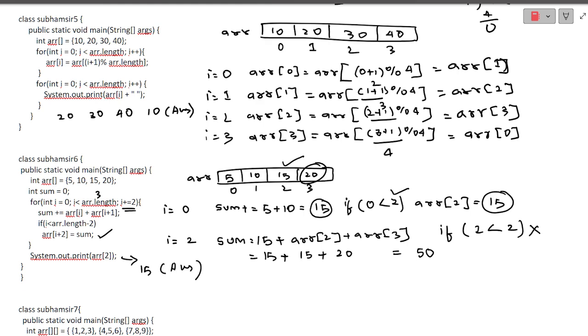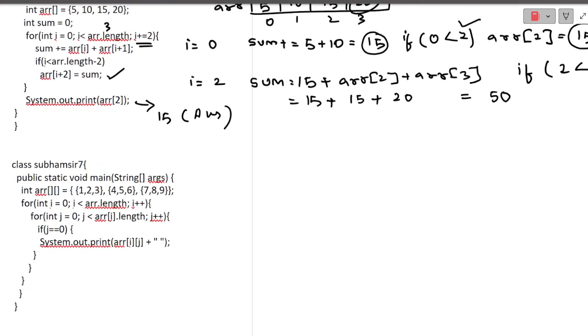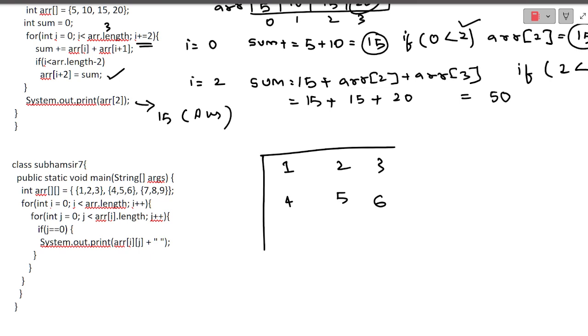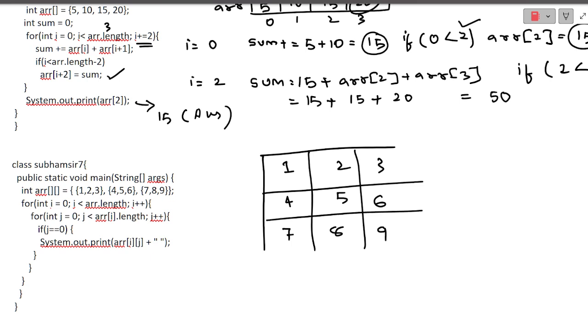Okay, let's go. This is number 7. As I told, this is from a 2D array. So 1, 2, 3, 4, 5, 6, and this is 7, 8, 9. Then you need to do the same thing. This is 0,0, 0,1, 0,2.